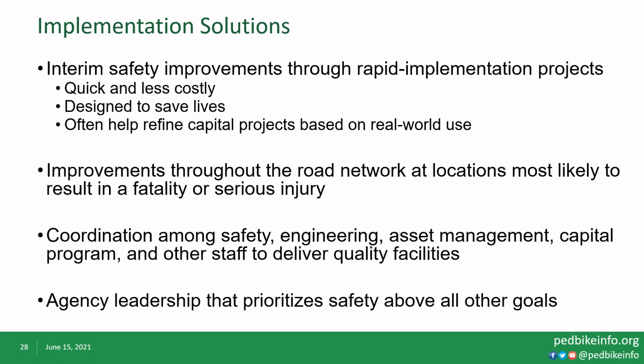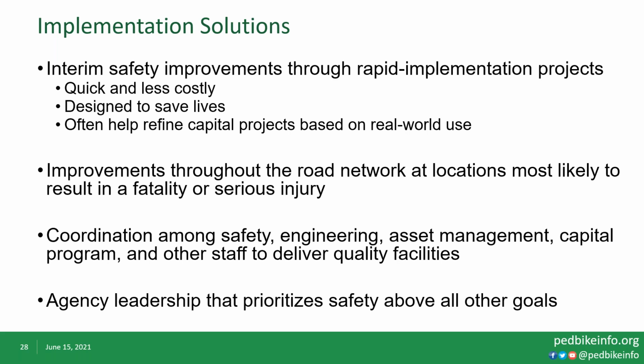So, in terms of the key implementation solutions to consider, of course, interim safety improvements through rapid implementation are quick, less costly, and designed to save lives, and they can help to refine capital projects that are eventually implemented along the same corridors, based on real-world use and operations.